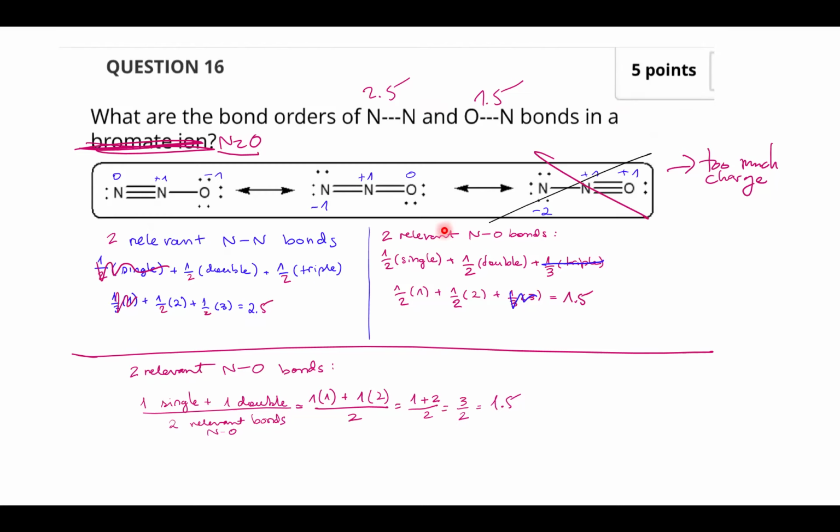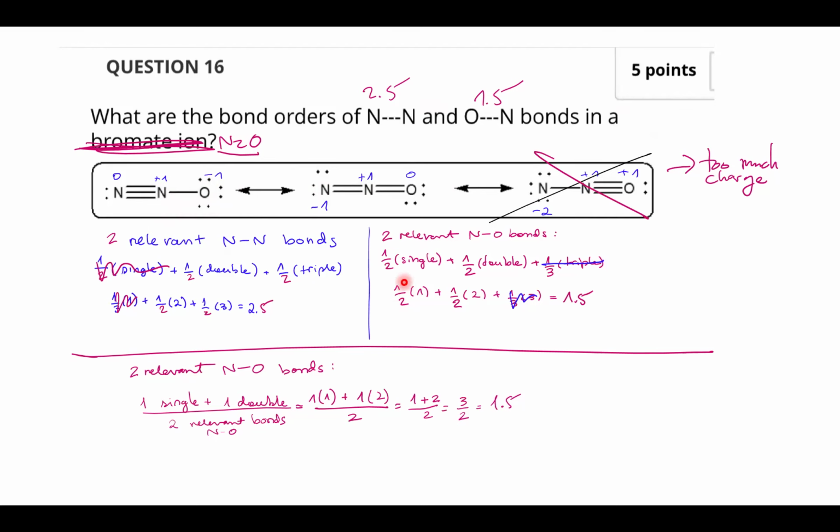Now for the NO bonds in nitrous oxide, the bond order will be as follows. You have 2 relevant structures that have 2 relevant bonds that you're interested in, which are N to O or O to N, whatever. Only one of these two relevant NO bonds is a single bond.